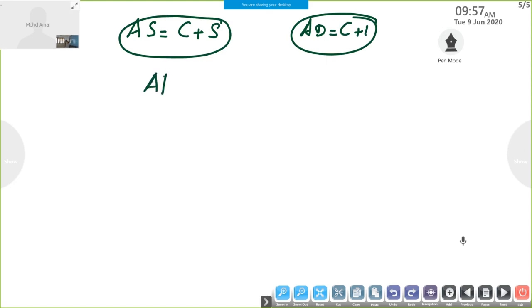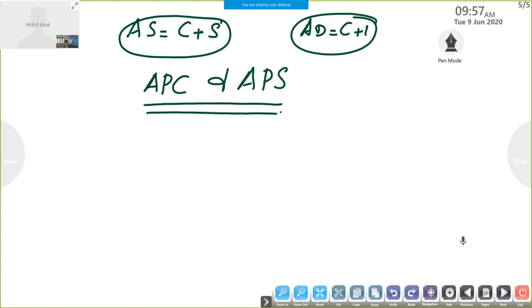First, I am taking average propensity to consume and average propensity to save. We can say the sum of APC and APS is always equal to 1.